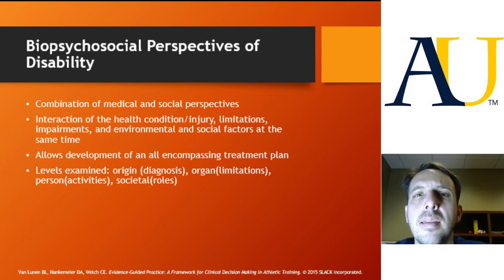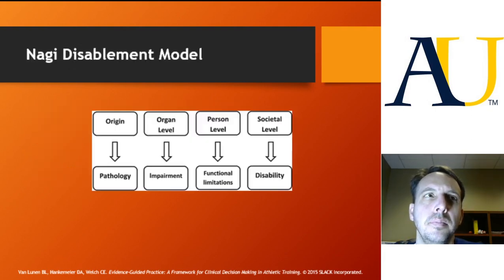But then that leads to a decrease or a disability regarding the societal roles that that individual would normally play. So, for example, if you have a soccer player that's unable to run, they're unable to play soccer and participate in the social environment that is their soccer team.